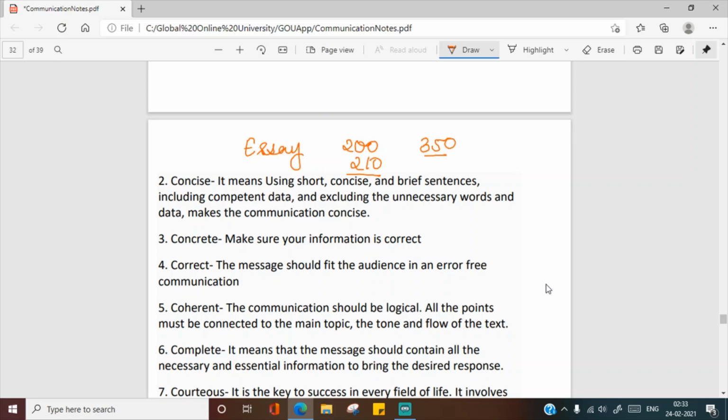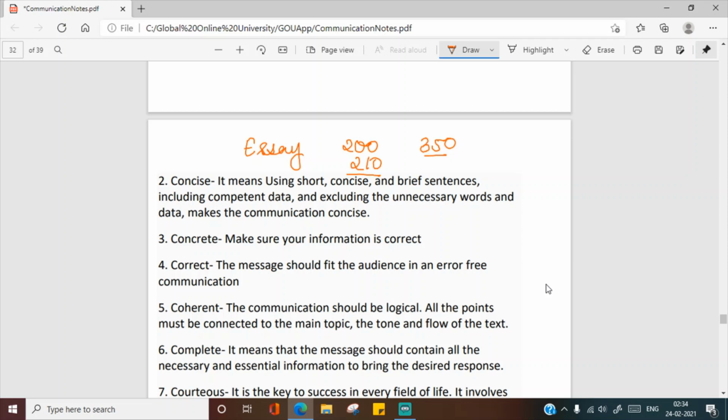Third is concrete. Make sure your information is correct. So concrete means we should not tell something which we are not aware of. This will leave a very bad impression of ourselves in front of others.